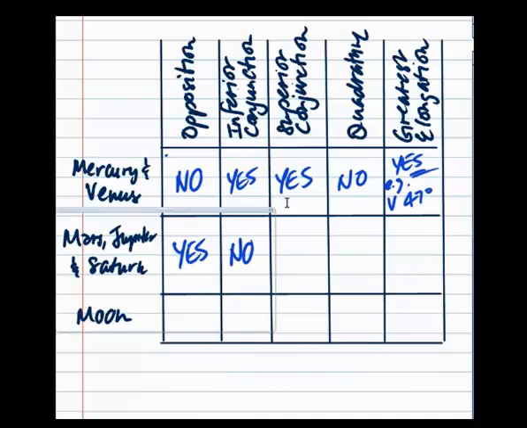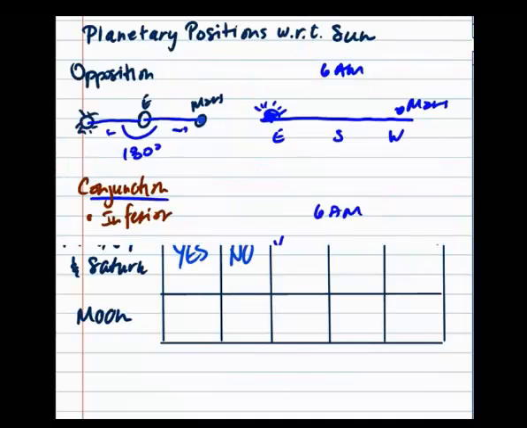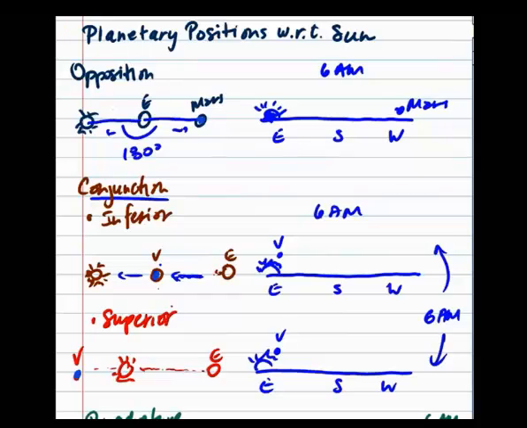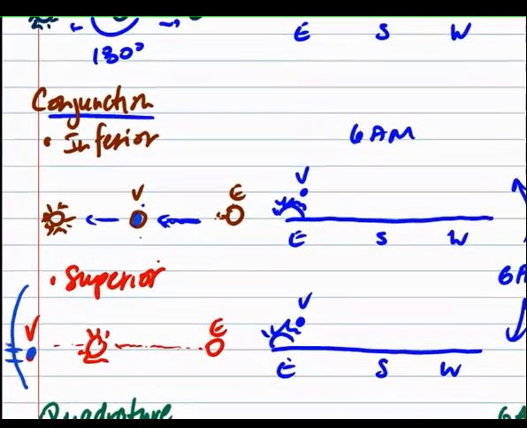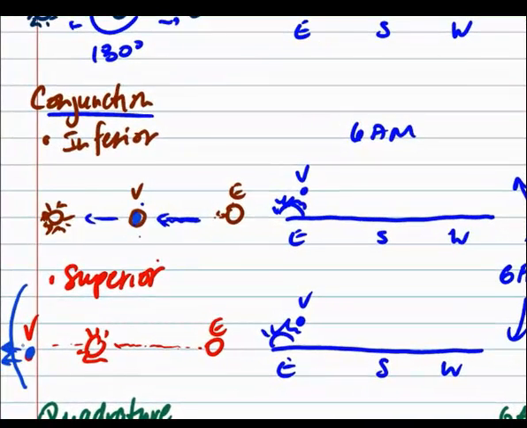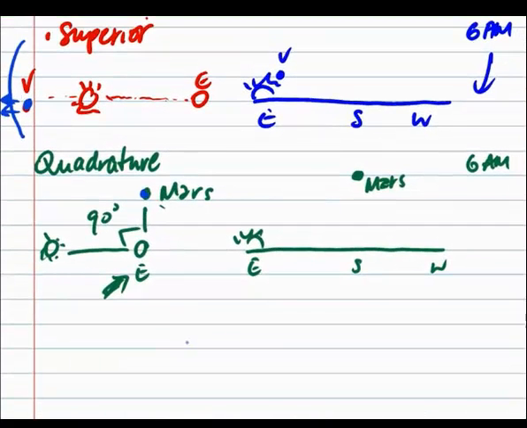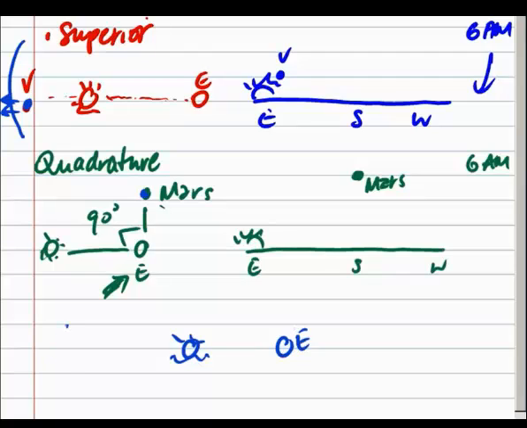All right. How about superior conjunction? Can Mars, Jupiter, and Saturn ever be out here, somewhere out here, on the other side of the Sun, in the orbit? Absolutely. Because if this is the Sun right here, and the Earth is down here, why can't these planets be out here on the other side?